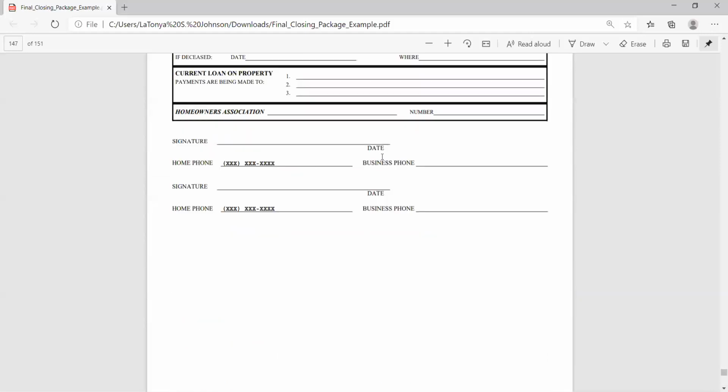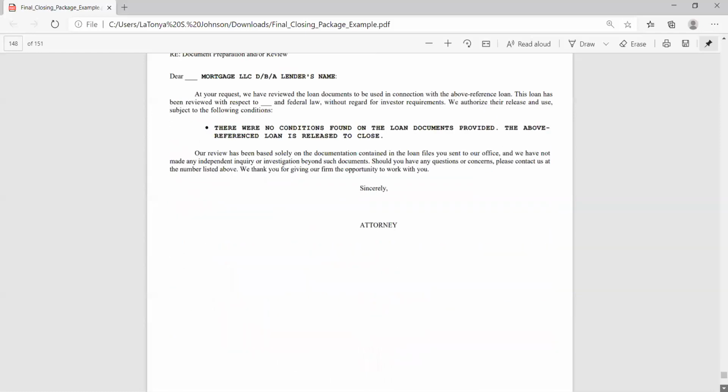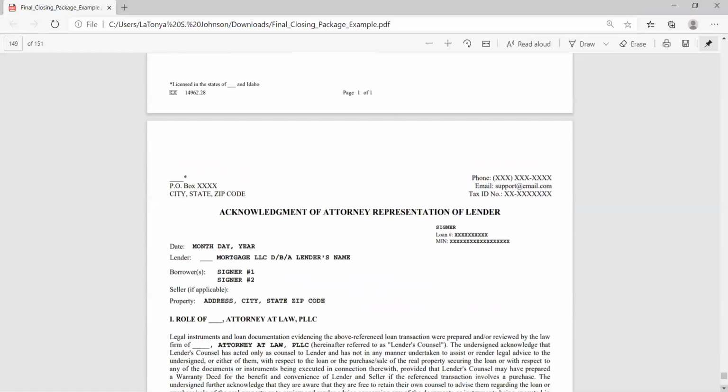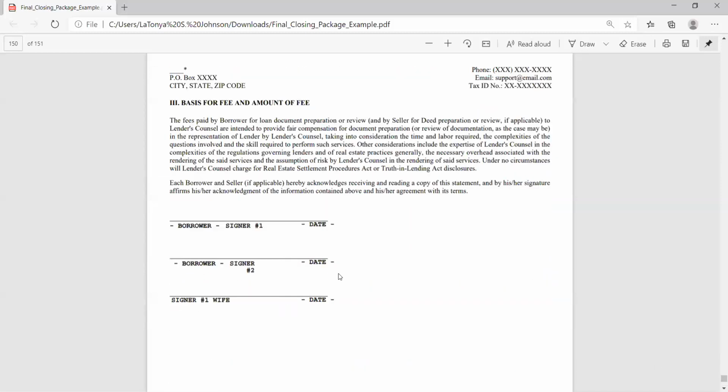They must sign it, date it, add their home phone number, business phone numbers. That's where the sticky goes for you. They have to sign this, put a sticky there.